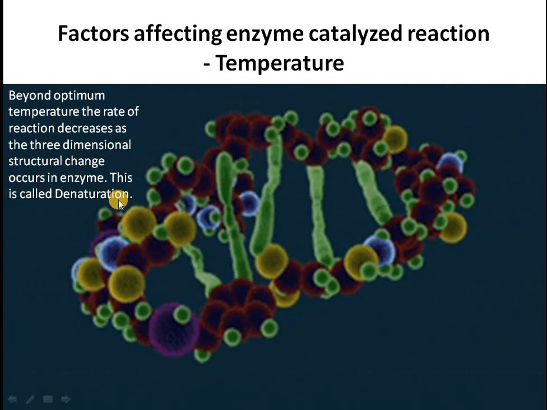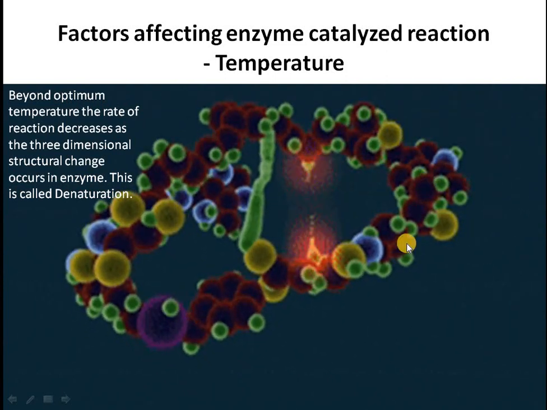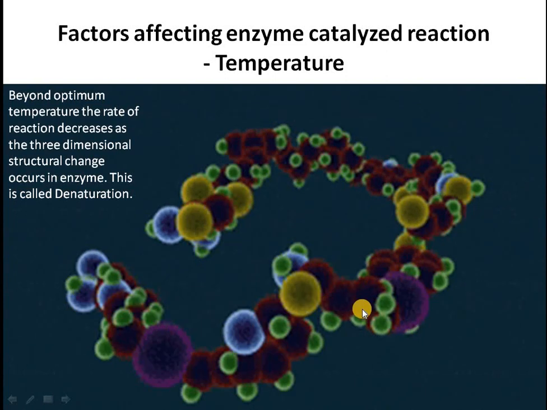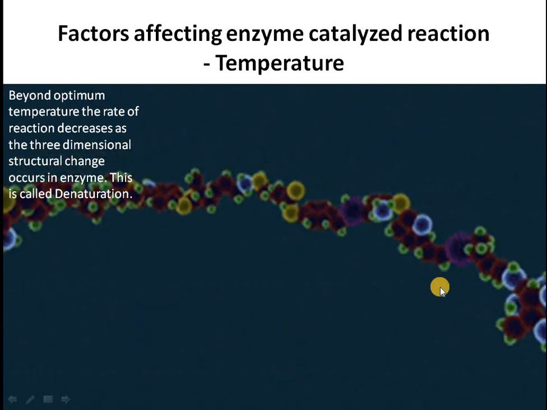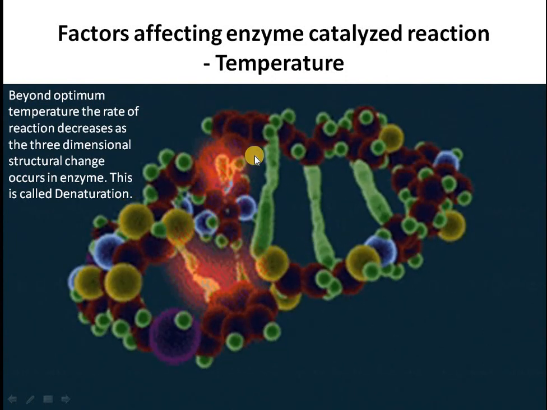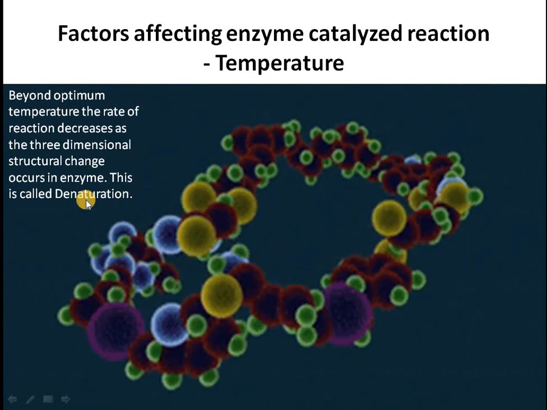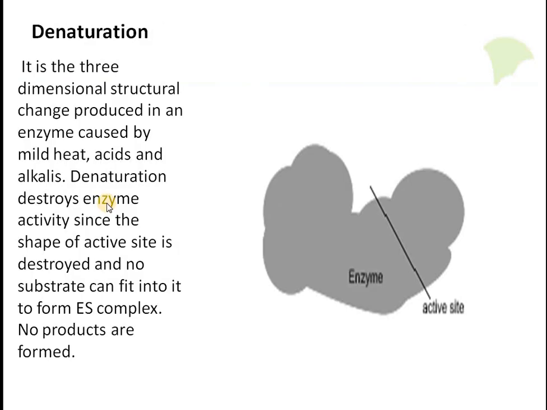This is called denaturation. If you see the structure of enzyme, the protein structure is a globular structure, and when you increase the temperature, the bonds break, and the three-dimensional structural change, which you can see in the diagram, is called denaturation. Here is another diagram to show you what denaturation is.